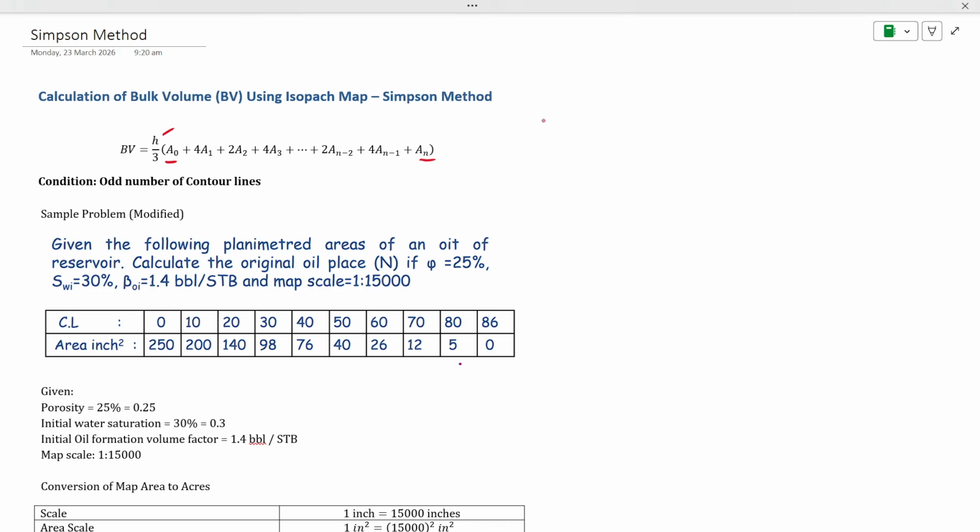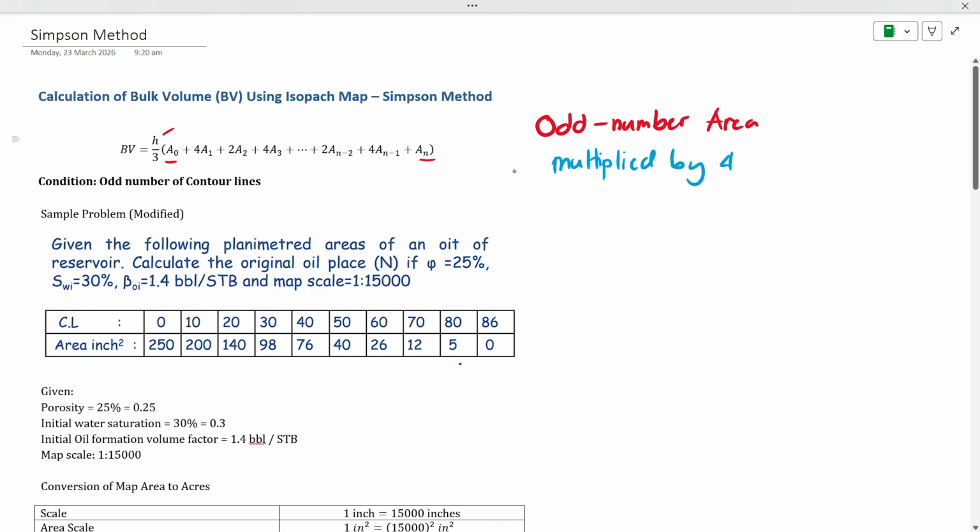For every odd numbered area, the coefficient is 4, meaning they are multiplied by 4.